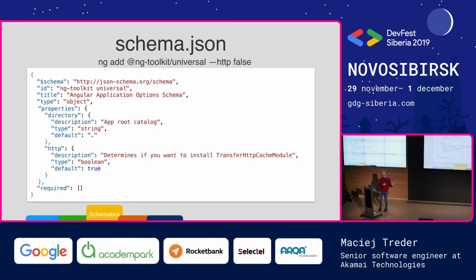Which example we can see here. So for ng toolkit, the project which I found, and ng-toolkit/universal, that was one of the parts which I was looking for my 1 billion app. There is in the schema one of the options which is described, whether I want to install the HTTP cache module or I don't want to utilize it within the Angular application.